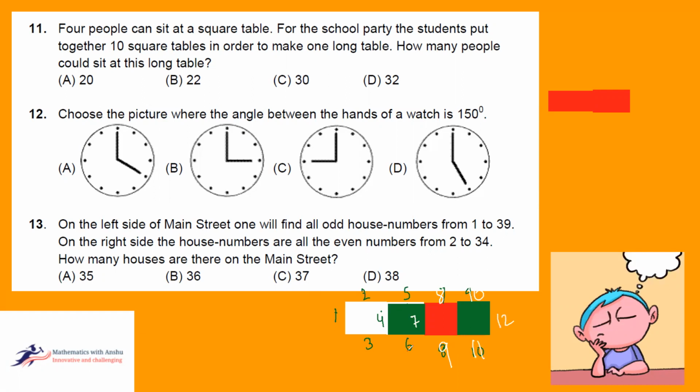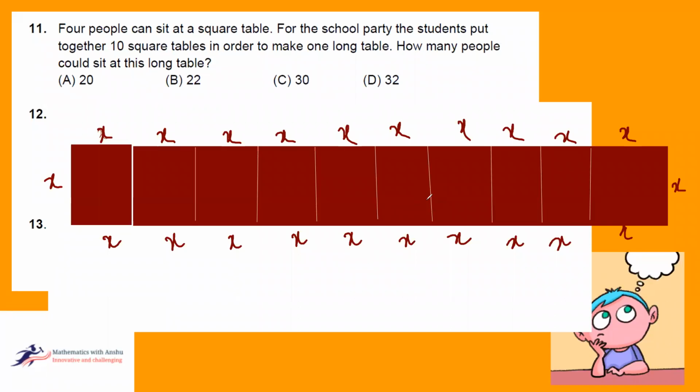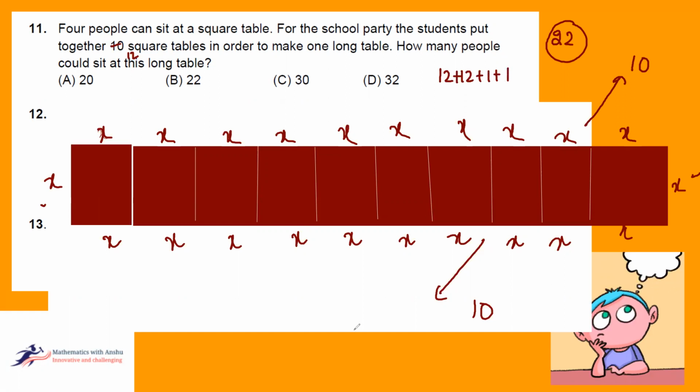If you continue in this manner, and it is drawn, a child can easily understand that these will have 10 and this will have 10, and at the corners 1 extra each. So in any question, it will have only 2 extras at the corners. Suppose 12 tables are arranged, so it will be 12 plus 12 and 1 plus 1, right? This way it can be done very easily.